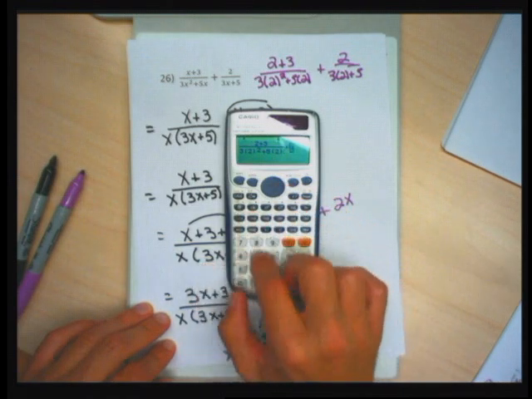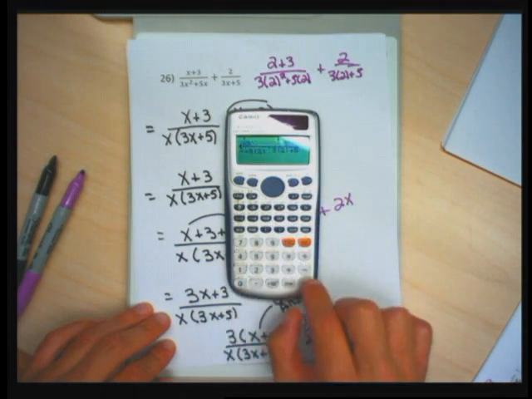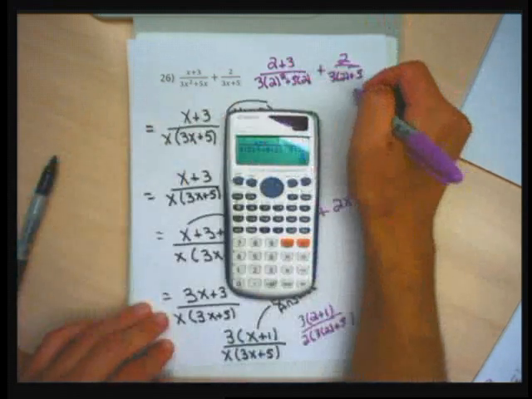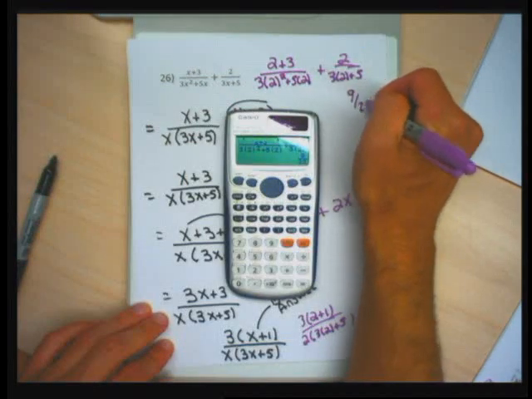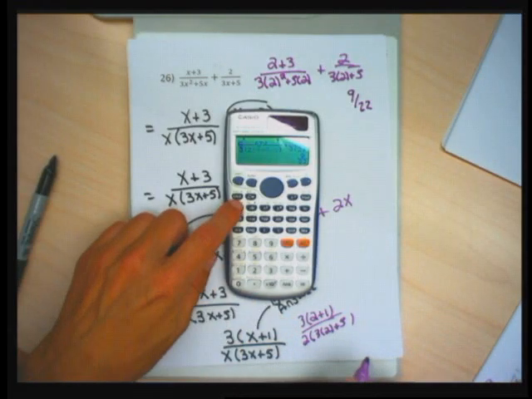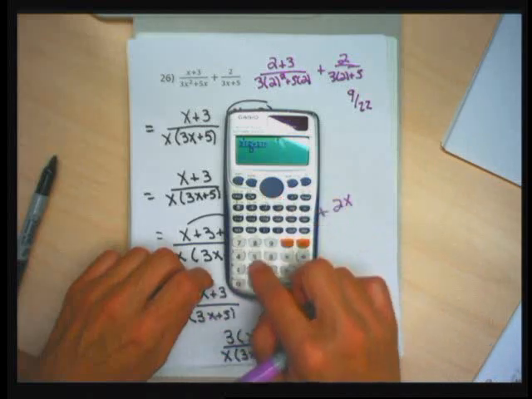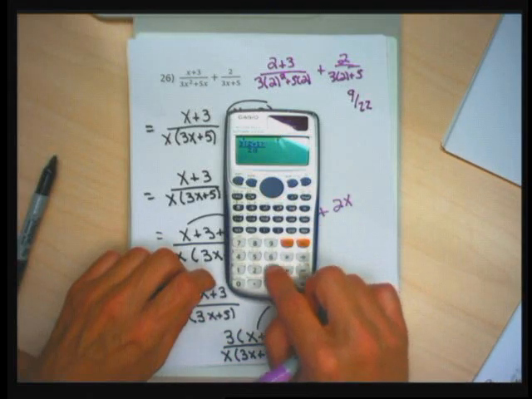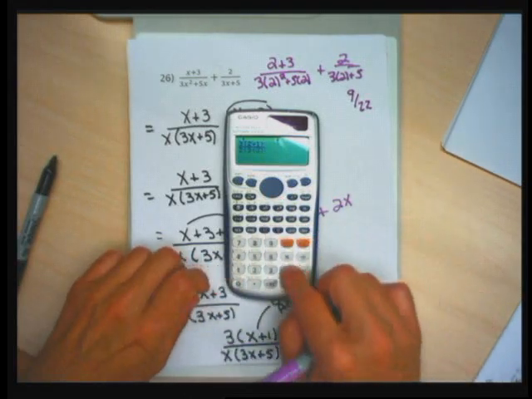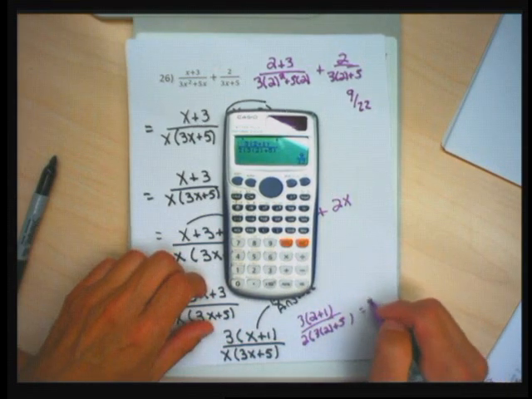In my original problem, when I plug in 2 for x, I get 9 over 22. I'll go to my answer and do the same: 3 parentheses 2 plus 1 over 2 parentheses 3 times 2 plus 5, close up my parentheses, and I get 9 over 22 again.